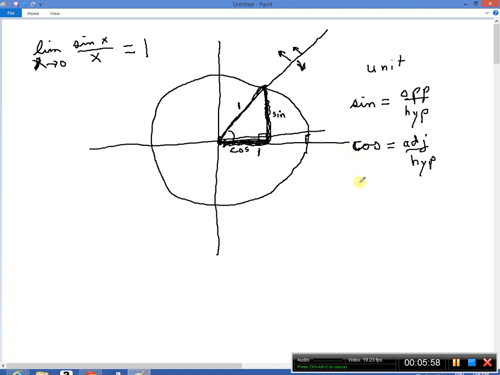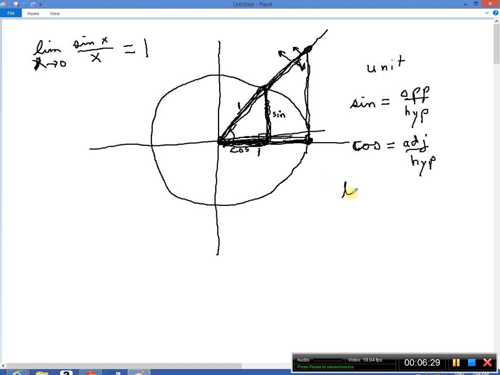Now there's another triangle. There are many other triangles in this picture, but I want to look at one that starts here at the point (1, 0) and goes straight up to this point and then goes back down to the origin and back across along the x-axis. This big triangle right here, the hypotenuse of course is not 1, it's much bigger than 1, but notice that the base of this triangle is 1, it's the radius of the circle.